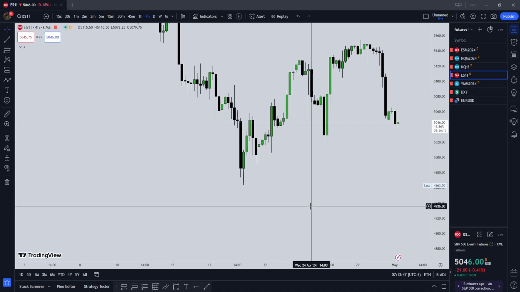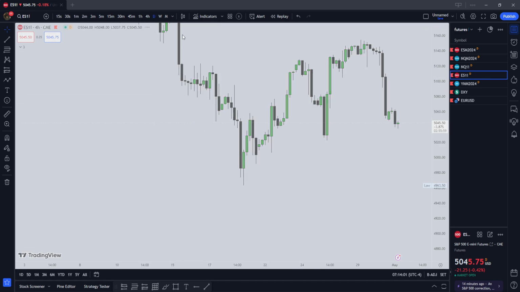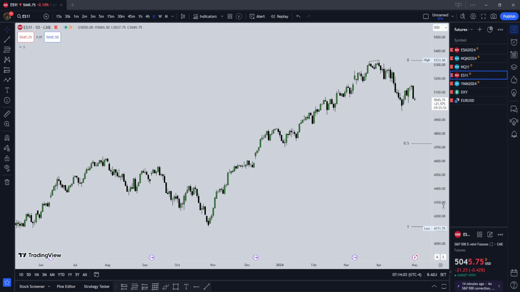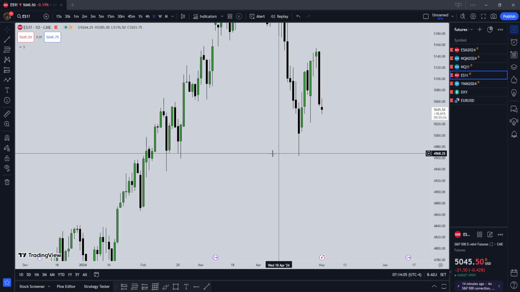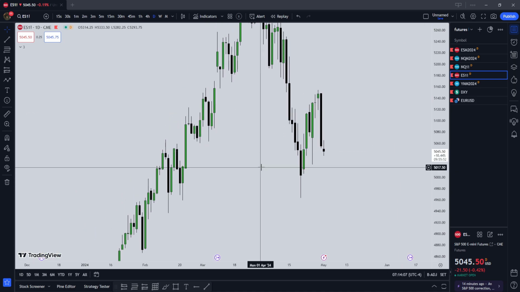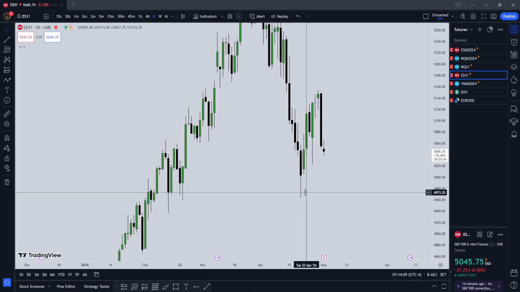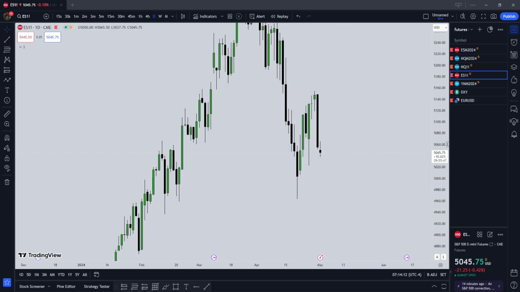So how can we use SMT? SMT is just a confluence. Of course, you need to have experience in the market. You can't just see an SMT and long every SMT and short every SMT, because there needs to be a reason. In every ICT concept, there needs to be a reason for price to go up or price to go down.